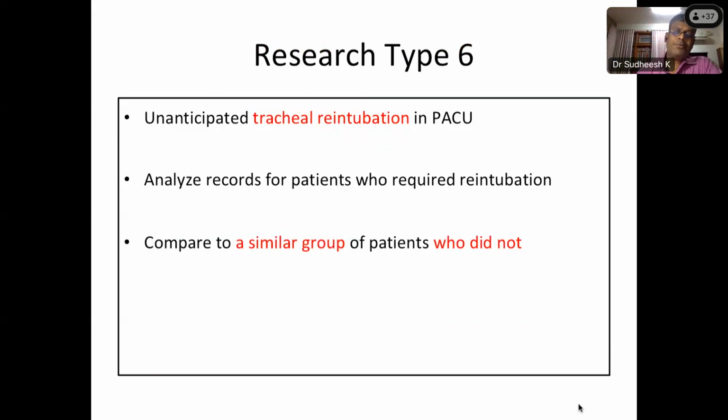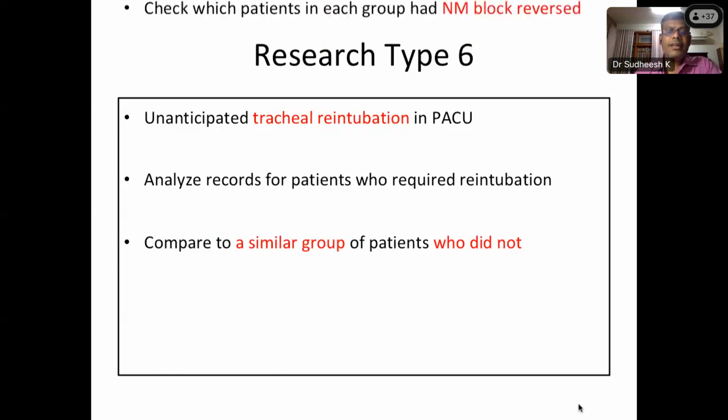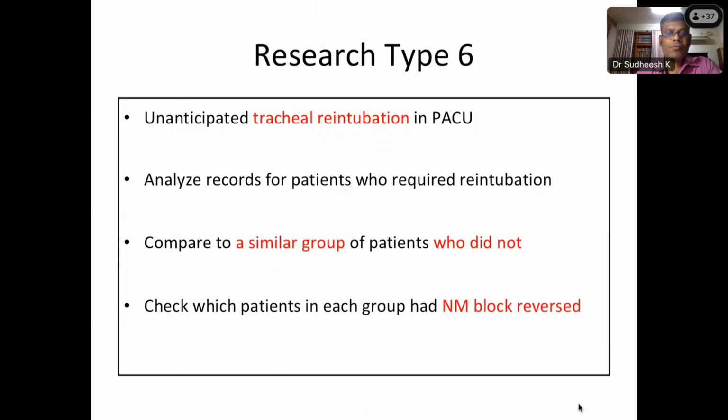Then they collected one more similar group of patients' case sheets who did not require tracheal reintubation. So one set of case sheets is of patients who required tracheal reintubation, and the other set is of patients who did not require tracheal reintubation in the PSU, but who are similar to the first group in all other aspects except for the fact that they did not require reintubation.